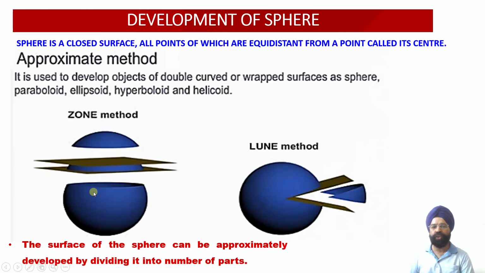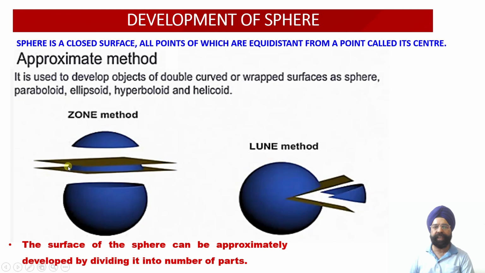Similarly, for the lower zones, that is zone 2, 3 or 4, we join these 2 points and these 2 points, and once we join them, we get the development of the frustum of a cone. If I join these 2 edges, this will form a cone.